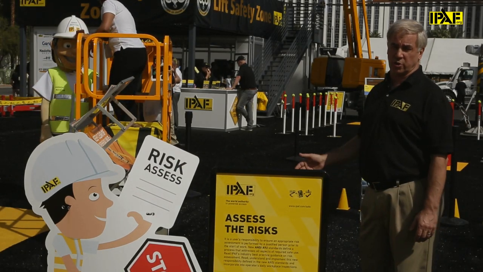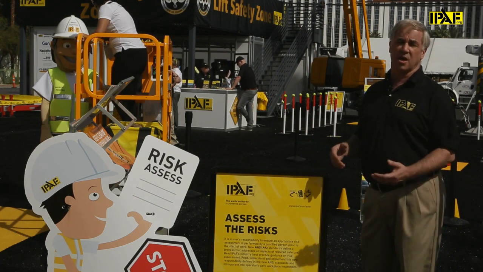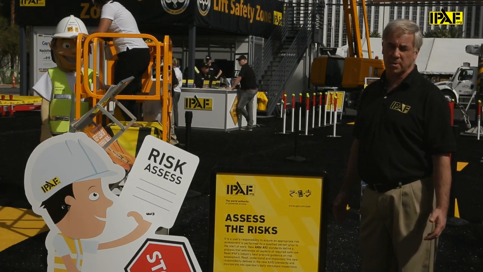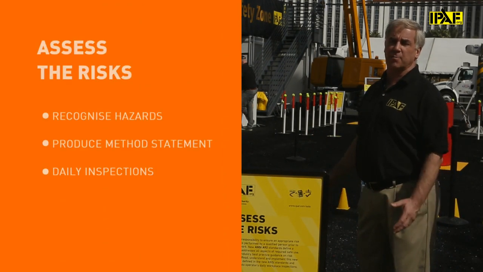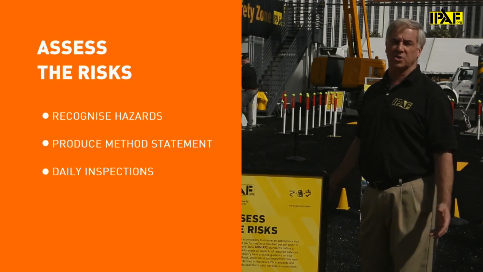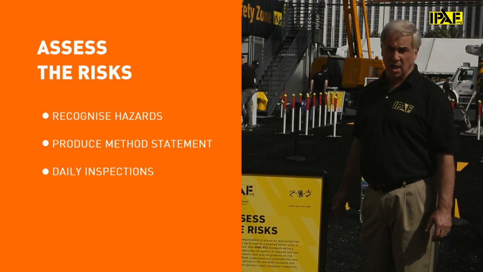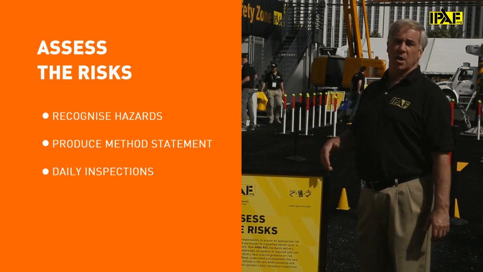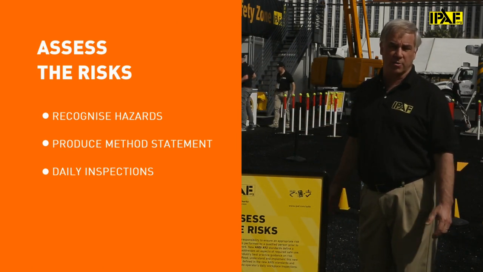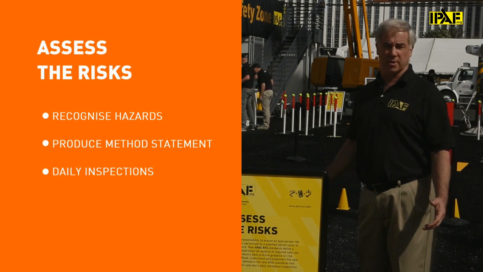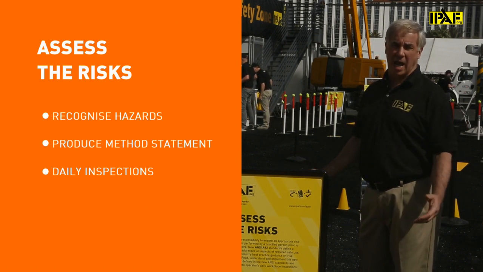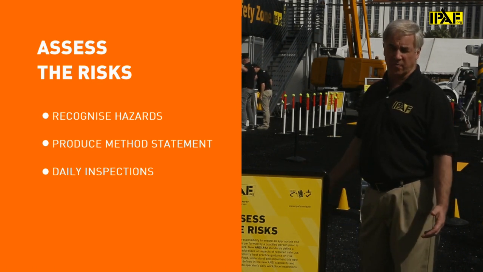Users must ensure that before the job begins, they identify the task that is to be performed, and then recognize any potential hazards in the workplace and develop method statements to mitigate or eliminate the risk. Those include all of the elements that we've been talking about in today's presentation, the key elements, the basics about known hazards and how to prevent them.